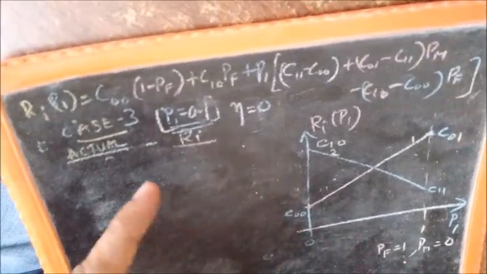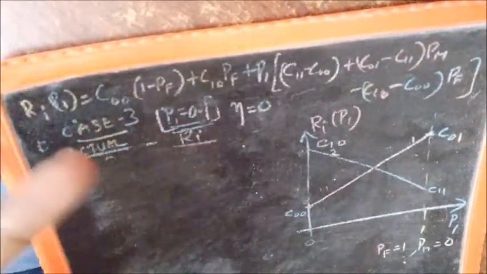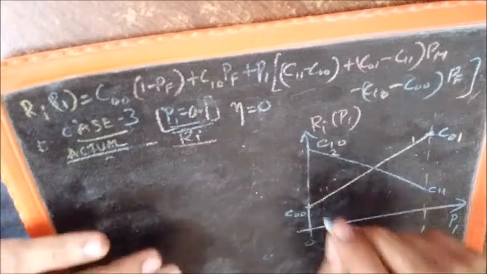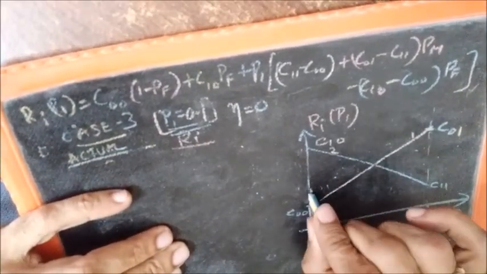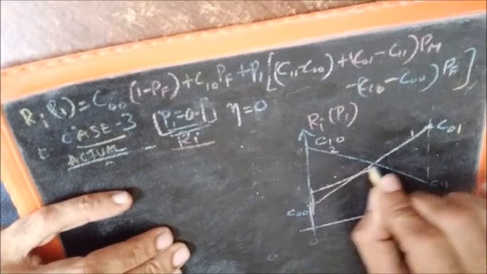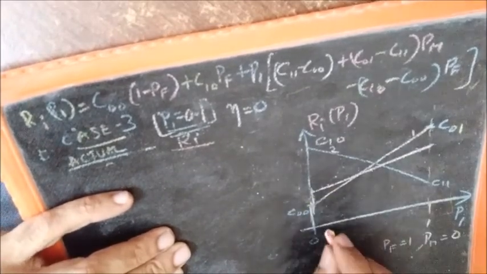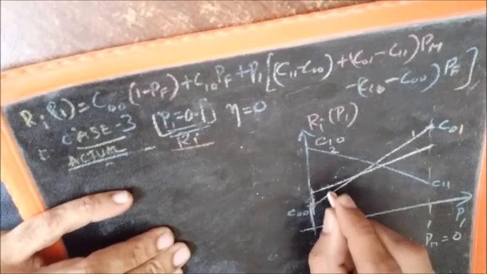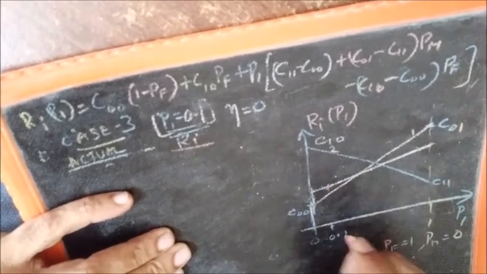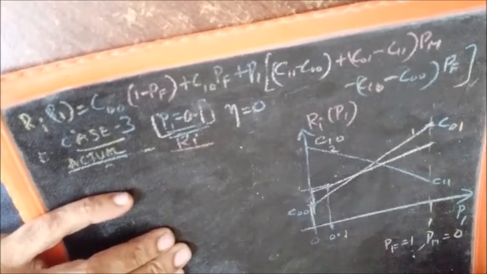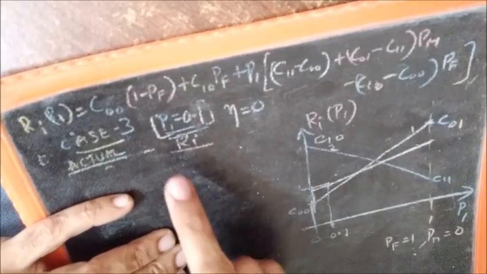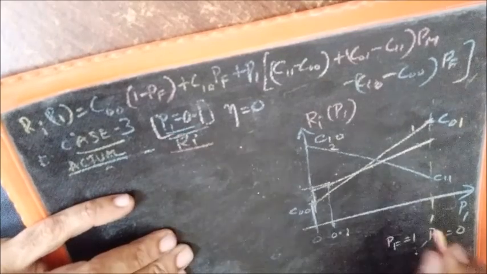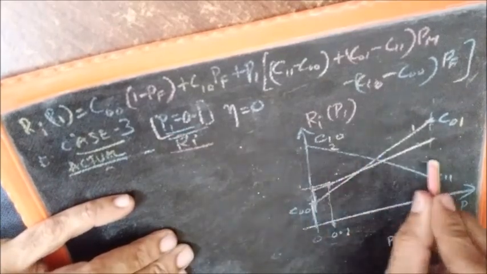Now if I assume P1 is 0.1 and call it case 3, I will be getting a variation roughly like this, where at 0.1 I will have some risk like this, and the risk will vary like this. Similarly, if I had taken a case 4 with P1 as 0.9, I would have got a variation like this.